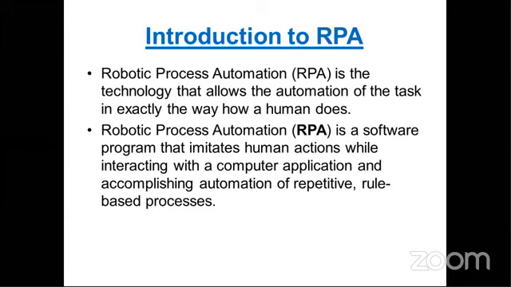In our day-to-day tasks, we can see a lot of people engaged in completing them, so we can automate such tasks using RPA. It interacts with computer applications and accomplishes automation of repeated and rule-based tasks. We just need to prepare the bot in such a way that it can cover all the scenarios and complete its task.